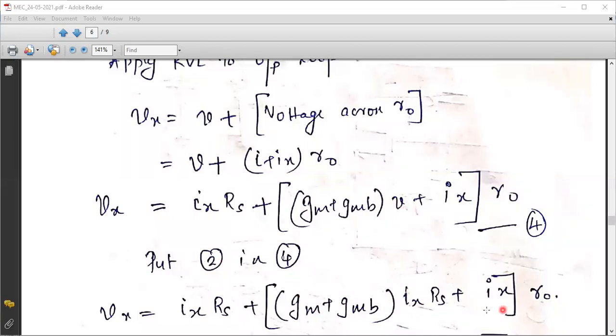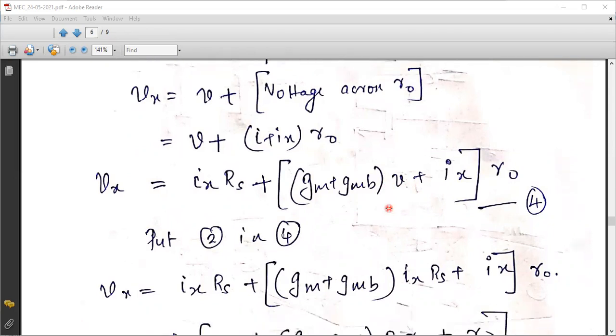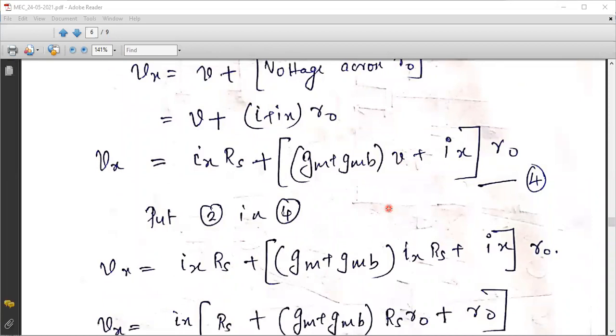So if you see this equation, you have only Vx and Ix. After that, you will be able to calculate the ratio between Vx and Ix, which is nothing but your output resistance Rout. So please do it, and tomorrow tell me what will be the equation of output resistance, Vx by Ix.